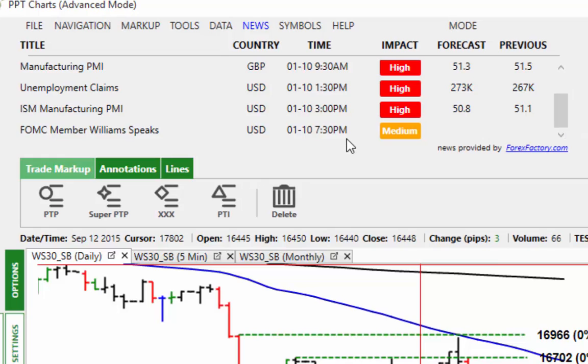Also note again, this is an absolute pain in the rear. I'm sick and tired of the Federal Reserve wheeling people out to keep pumping the markets up with the rhetoric, but they're doing it again tonight. Williams is speaking. It's low impact. He shouldn't have too much. In fact, hardly anybody knows him. It's Dudley, Fisher and Yellen really that managed to move the markets.